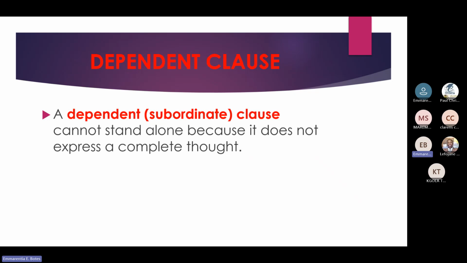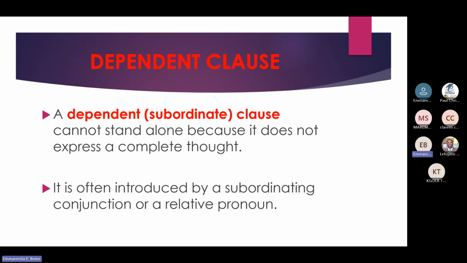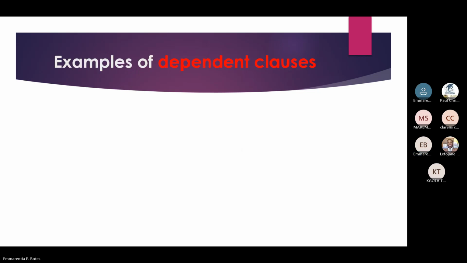It can't stand alone because it does not express a complete thought. You cannot understand it if you only read a dependent clause. It is often introduced by a subordinating conjunction or a relative pronoun. Let's give examples of that.